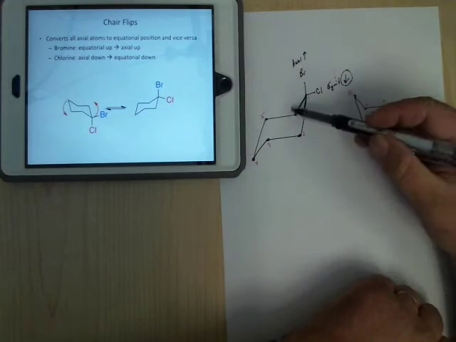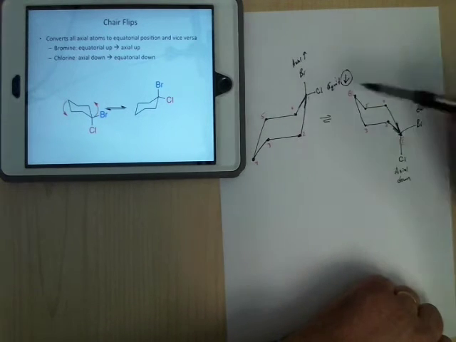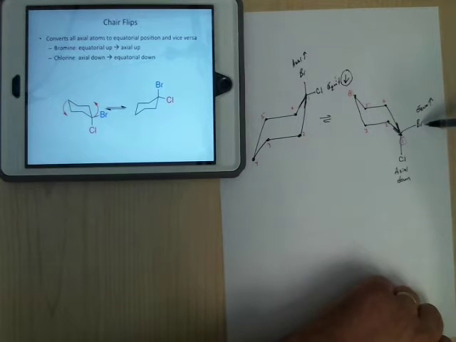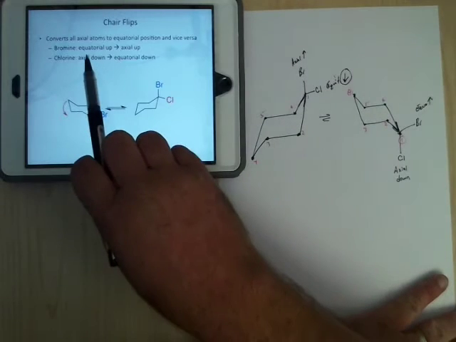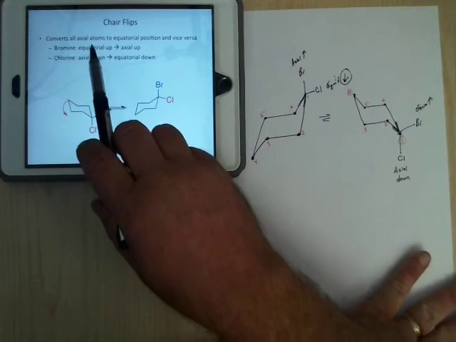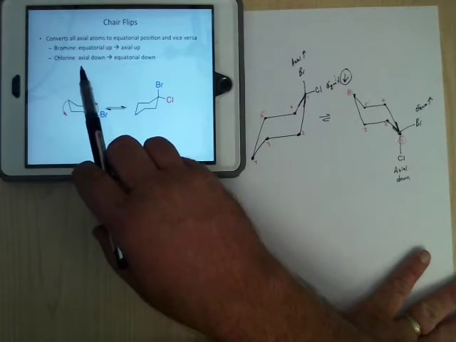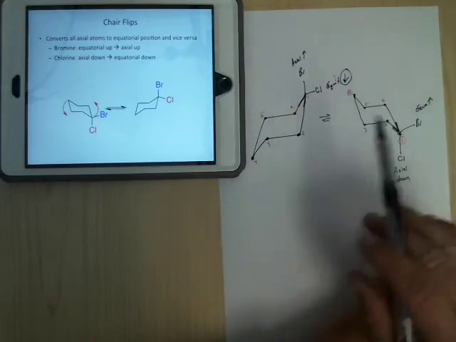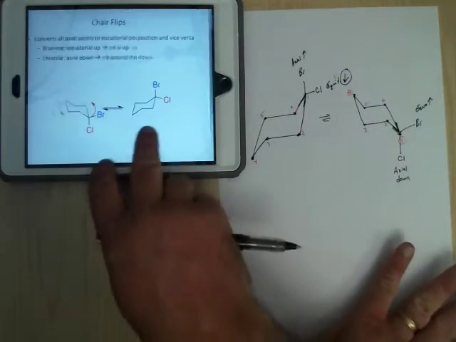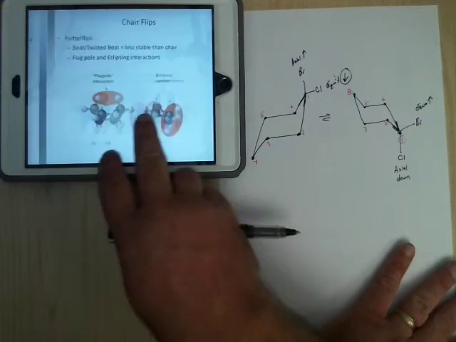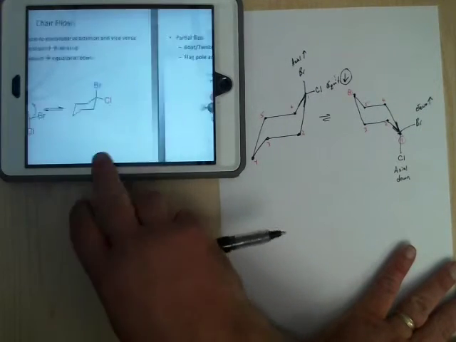If it was up on this side, it's up on this side. It just becomes equatorial. That's going to become important down the road, right? So equatorial up becomes axial up, axial down becomes equatorial down. So with that, be careful.